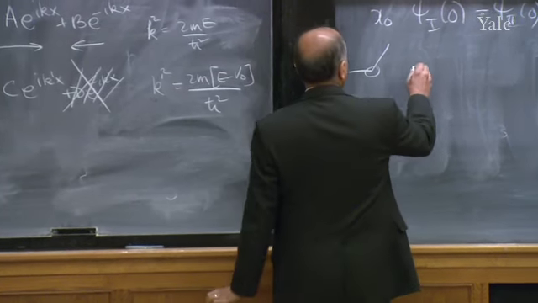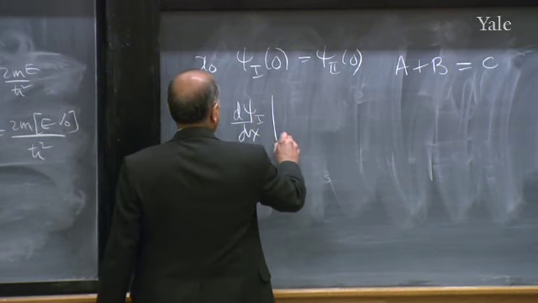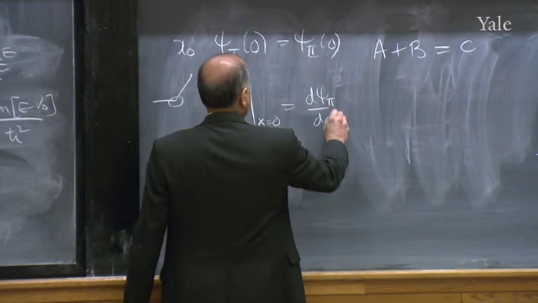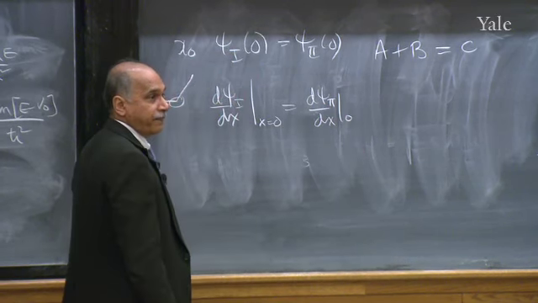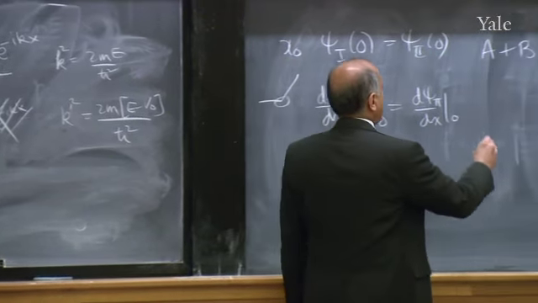So I make the requirement that d psi dx in region 1 at x equal to 0 must match d psi 2 dx at x equal to 0. What does that give me? Well, take the derivatives and equate them at x equals 0.